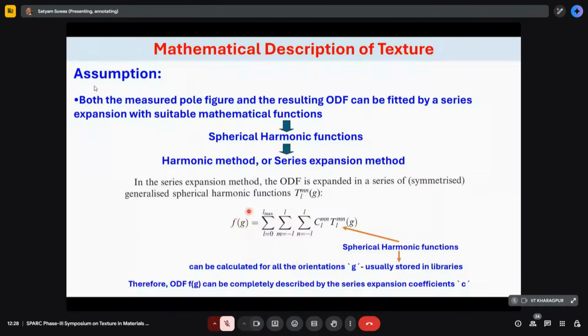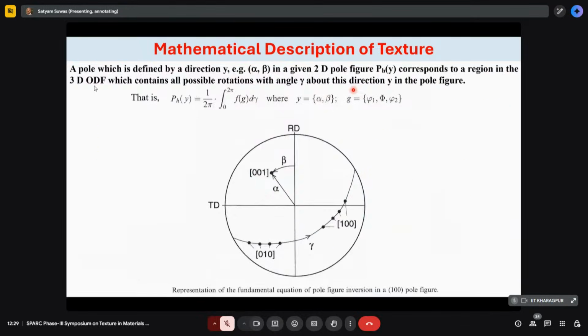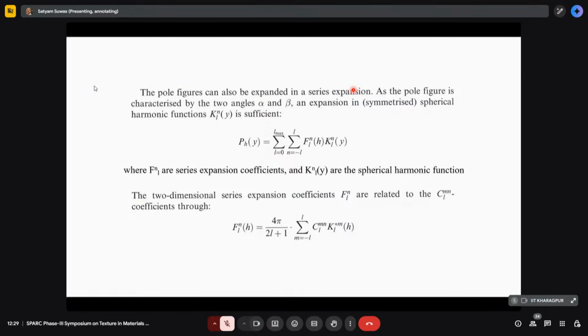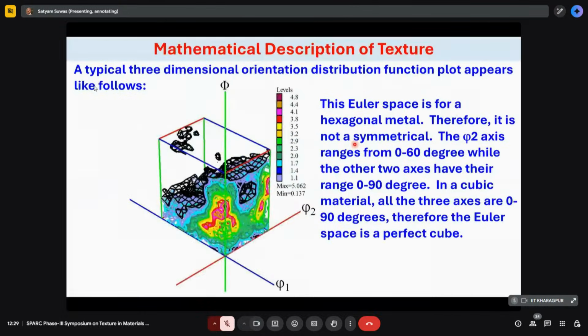So f(g) gives you an equation, and since I don't have much time to go through this, I will leave these slides with you, and you can read them. They are self-explanatory. This mathematical function we plot in three-dimensional orientation space, and the data for this function comes again from X-ray pole figure measurements or EBSD-based pole figure measurements.